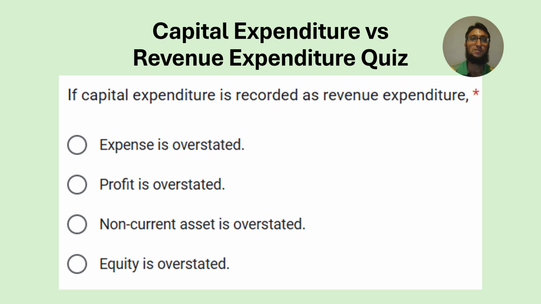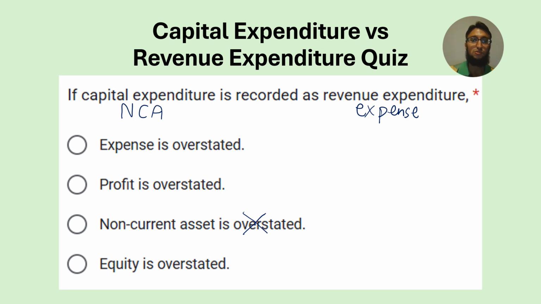Moving on to the next question, if capital expenditure is recorded as revenue expenditure, basically, to put it in another way, if a non-current asset is recorded as an expense, what can we say? The non-current asset is too little and the expense is too much.